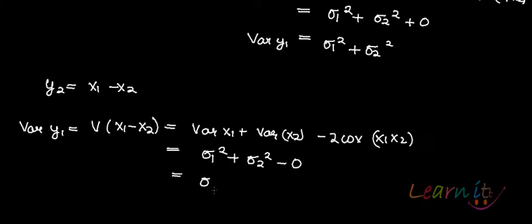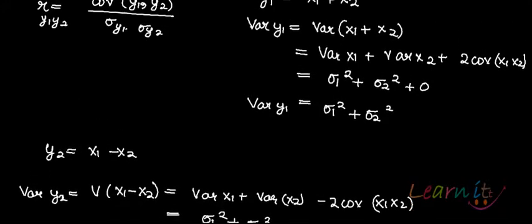So it is sigma 1 square plus sigma 2 square. This is the variance of y2. The variances are the same in both cases.